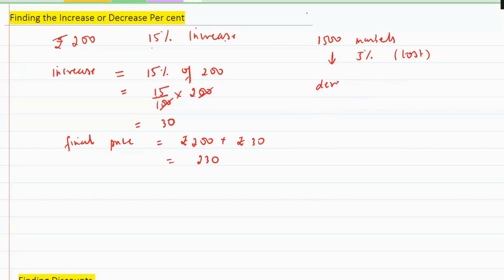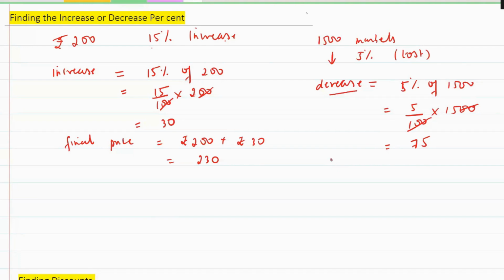First of all, we need to find the decrease. So 5% of 1500 means 5 upon 100, of means multiplication, and then 1500. So cancel 2 zeros, then multiply. 15 fives are 75. The decrease is 75, which means he has lost 75 marbles.